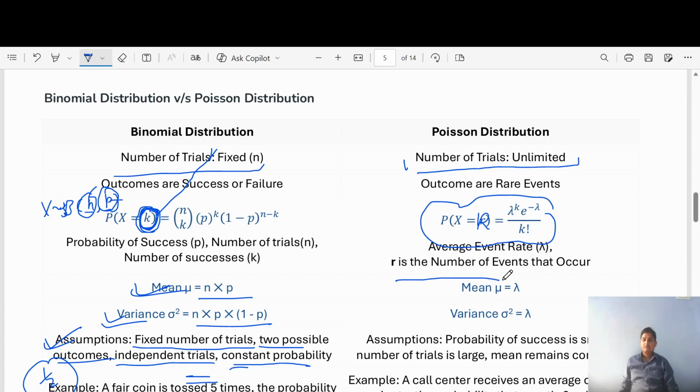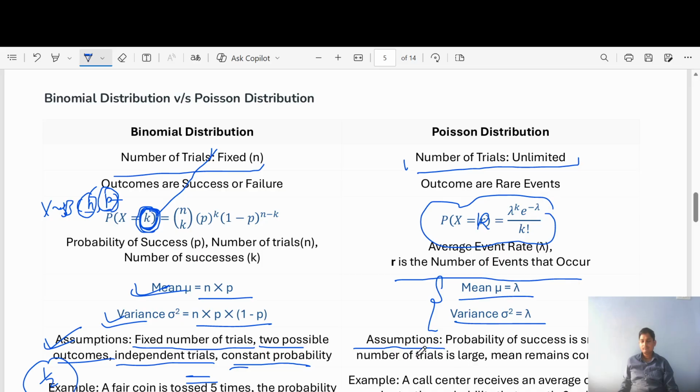k is the number of events that occur. Mean is lambda, variance is lambda. So this is the distribution in which mean and variance are both the same. What are the assumptions? The probability of success is very small, the number of trials is large, and the mean remains constant.